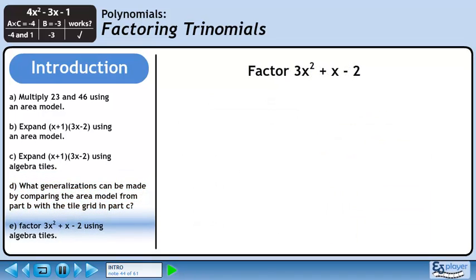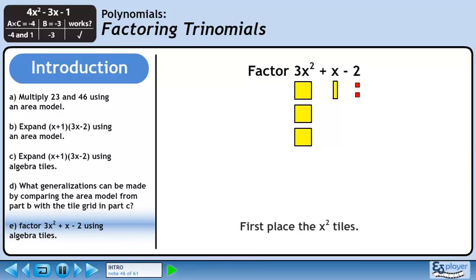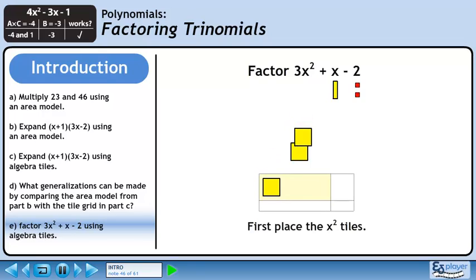In Part E, we'll factor 3x squared plus x minus 2 using algebra tiles. The goal is to make a rectangle using algebra tiles. Place 3 large yellow squares in the upper left quadrant to represent 3x squared.